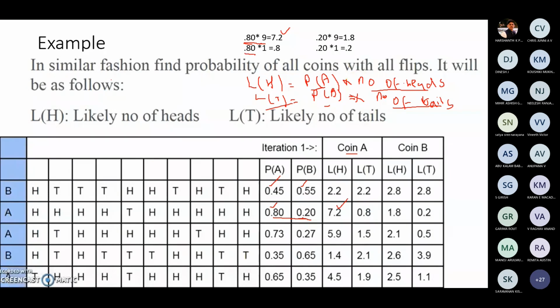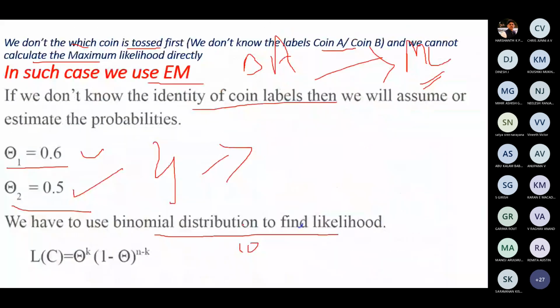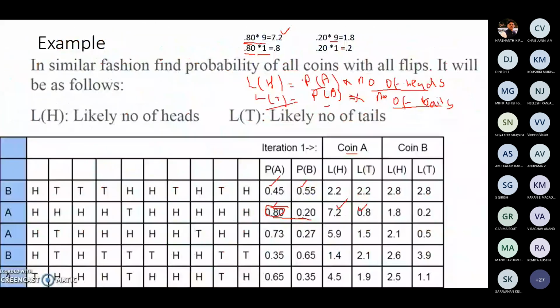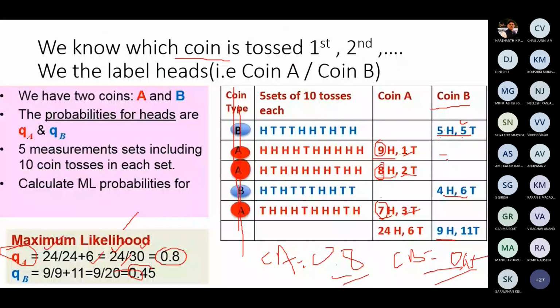And 0.80 into 1 is 0.8. Then 9 into the probability of B, and you see, I'm filling up the missing data here.